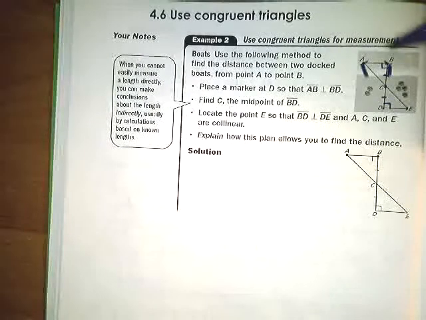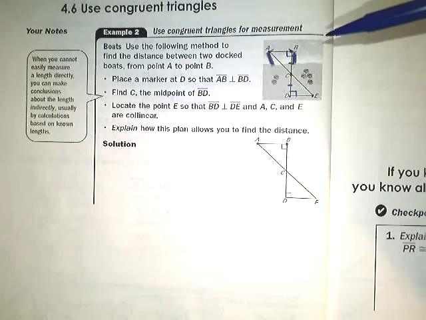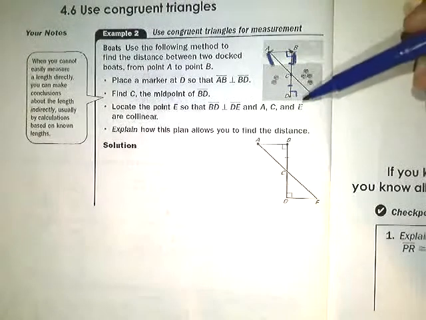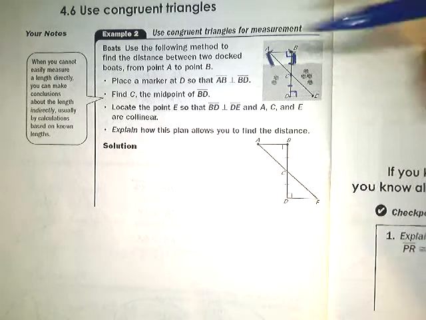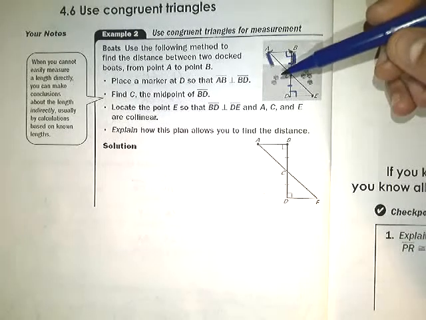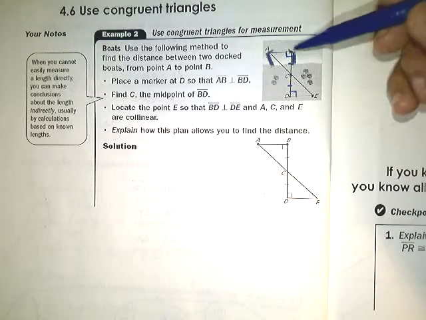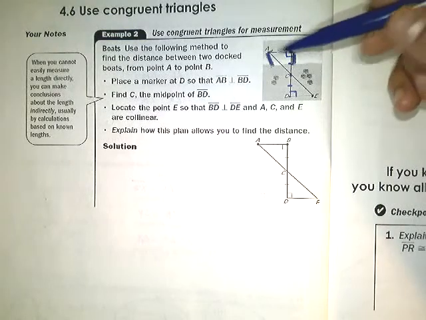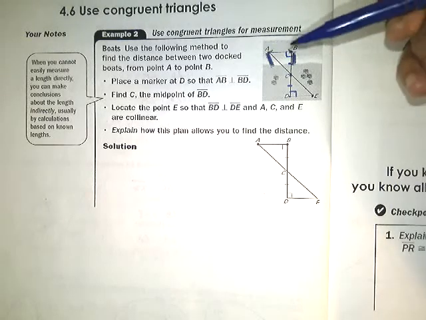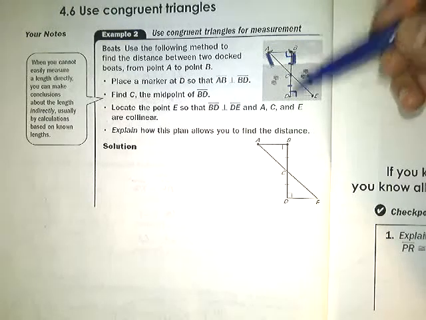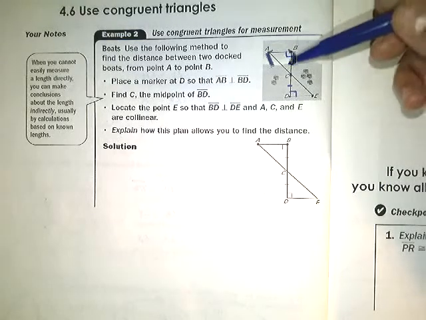Okay, so the whole reason for this arrangement is that what they want to do is figure out how to find the distance between the two docks. So between dock A and dock B. Now that would be hard to do with a boat, or just kind of throwing a line across. This is a way where you don't have to go out in a boat, you don't have to swim across, you don't have to do anything out in the water.